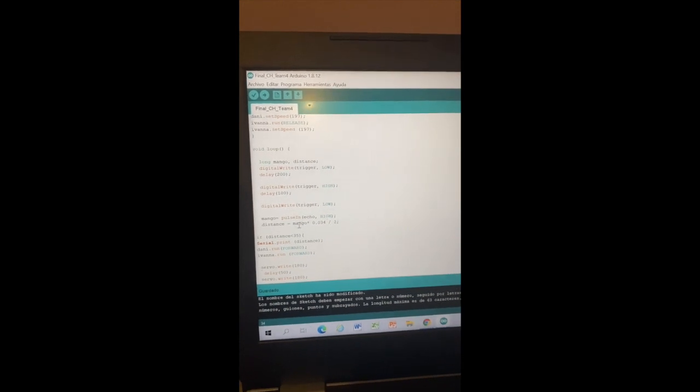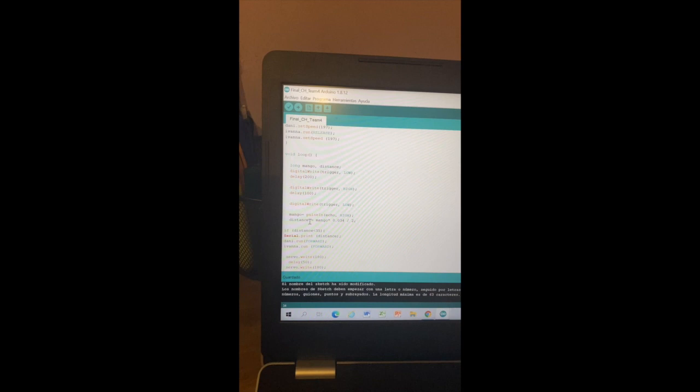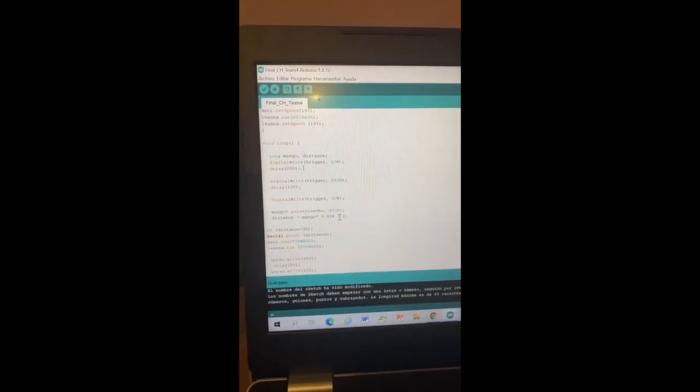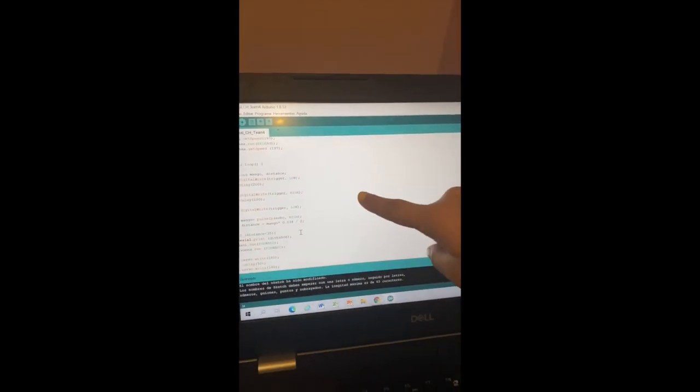This is how we get it. We searched in this website. So it said that we needed this formula in order to get the distance, and we're dividing it by 2 because it is the way it gets to the object and the way back.